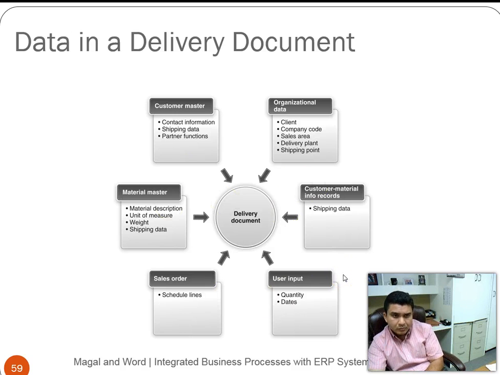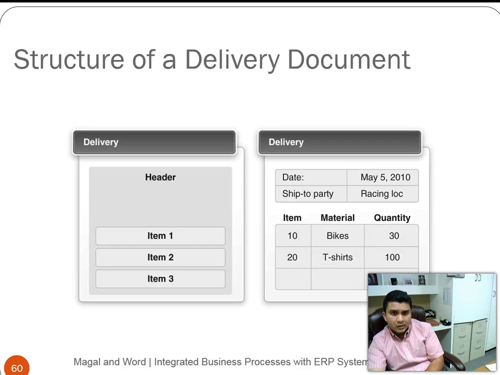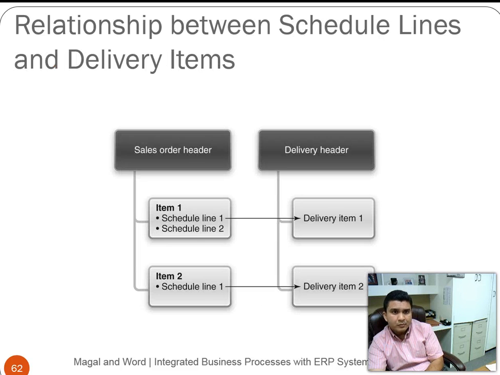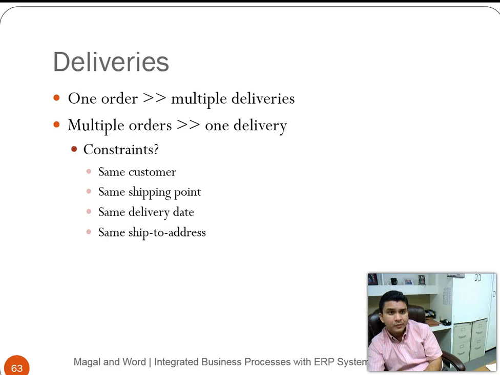So again, the structure of the delivery document: schedule lines and delivery items. You can have multiple schedule lines for one single item, or one schedule line for one item, depending on what you have agreed to with the customer.